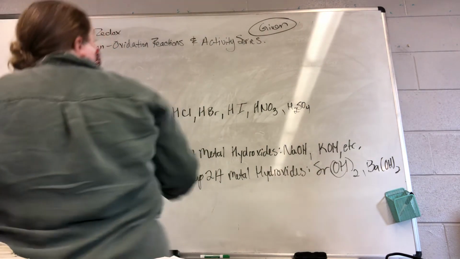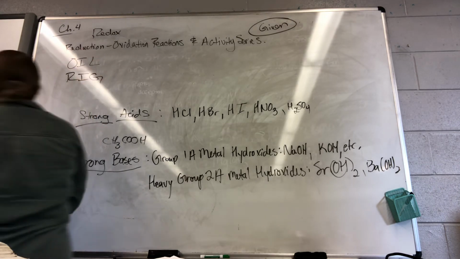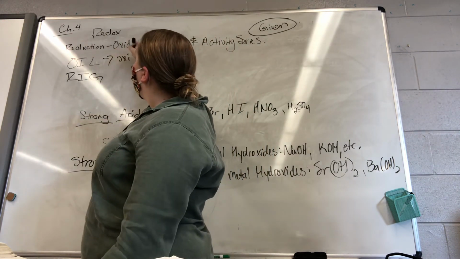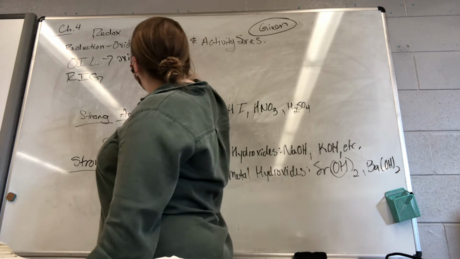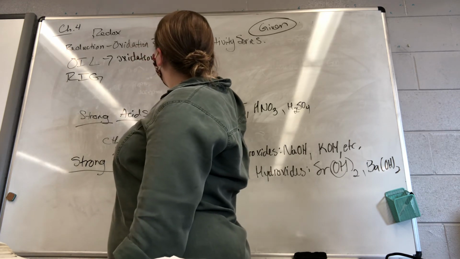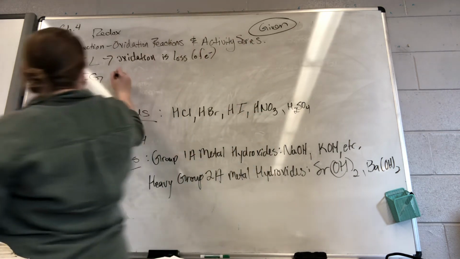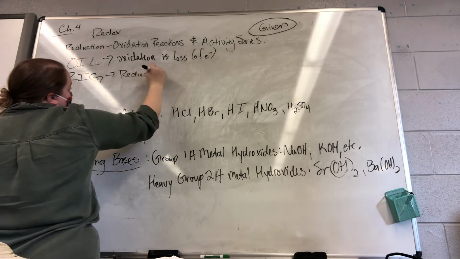Reduction oxidation. Remember the mnemonic. Oil means oxidation is loss of electrons. I like to add the electrons at the end of electrons. Reduction is gain.